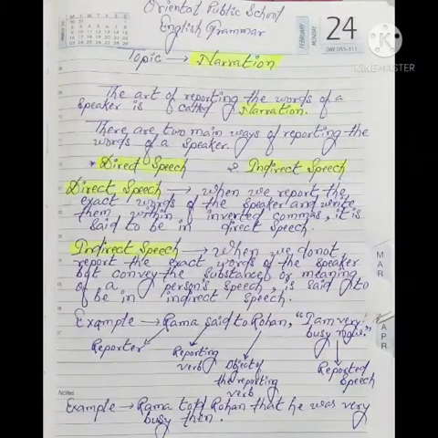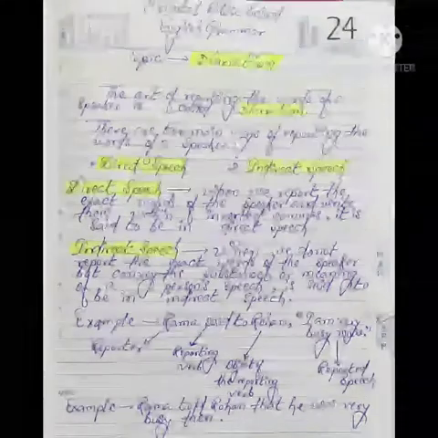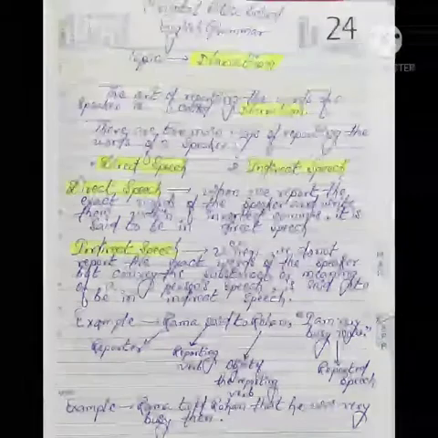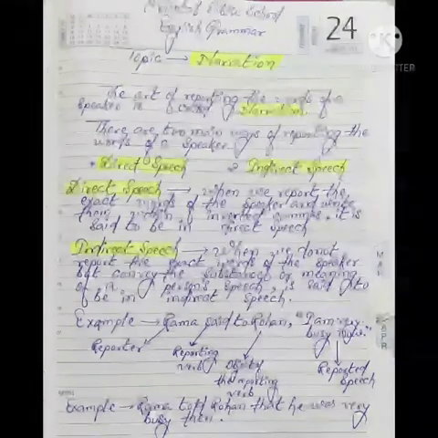While changing into indirect, it will be like this: Rama told Rohan that he was very busy then. You can see several changes happen over there. Rama, as it is the same, is written over there, but instead of said, in indirect speech it is written as told. To has been removed from there. Rohan, as it is the same, we have written in the indirect speech also.